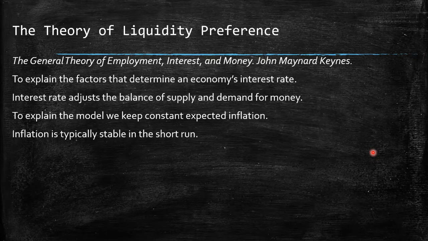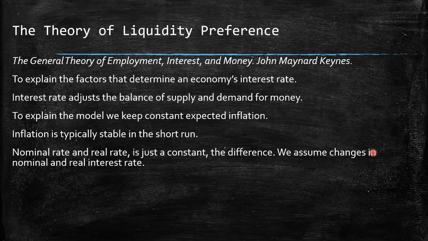And actually this is an assumption that could be pretty close to real situations, which is the idea that inflation is typically stable. During the short run, there are no important changes, at least in economies that are strong.